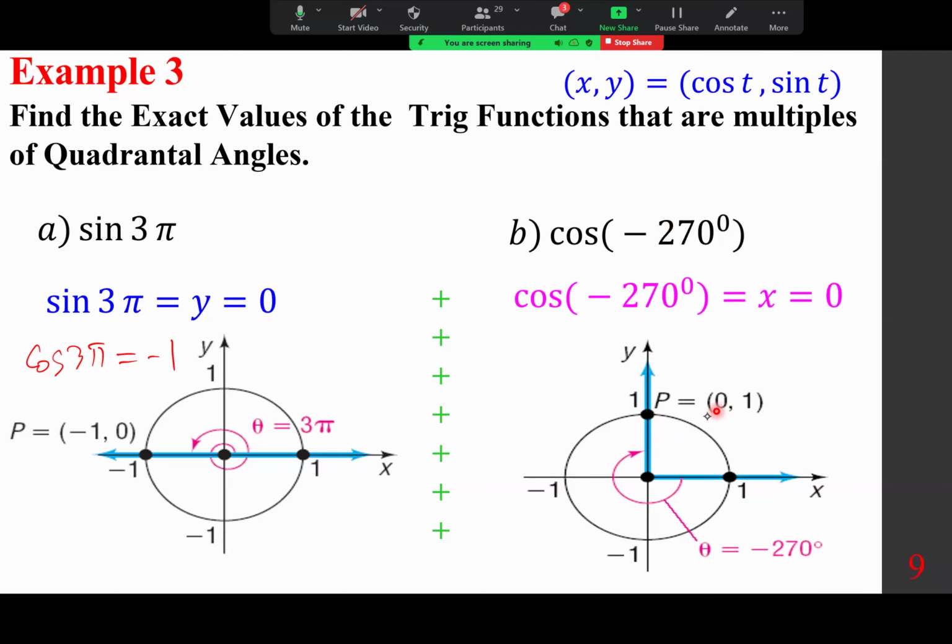Just for the sake of argument, if the question asks what is the sine, it's 1, just from the unit circle. So quadrantal angles are very straightforward.